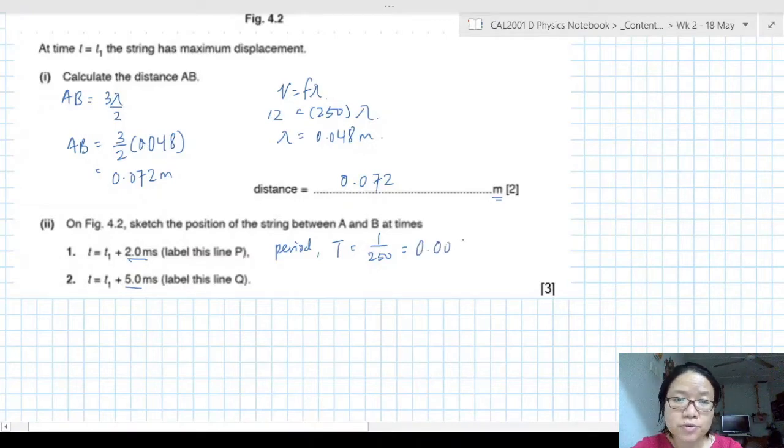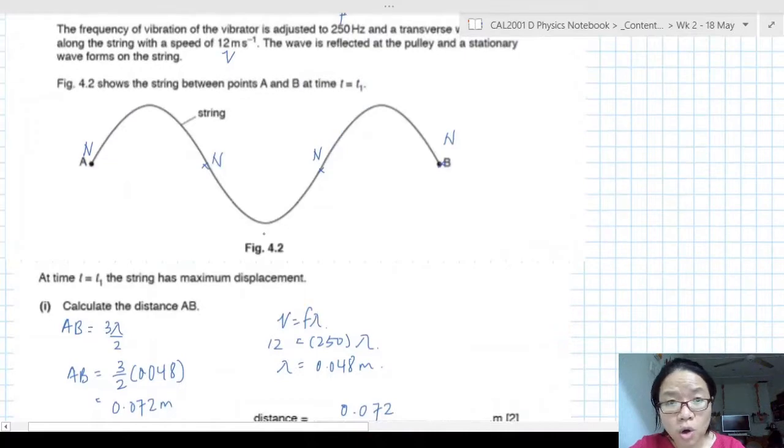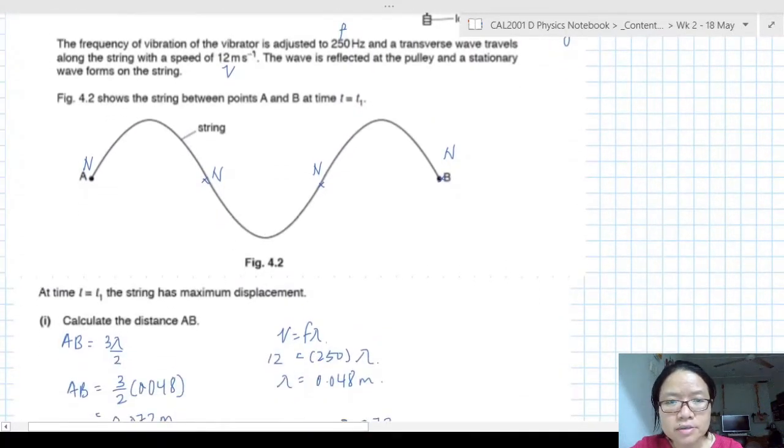Okay, 0.004. So this is 4 milliseconds, which means 2 milliseconds is half a cycle.